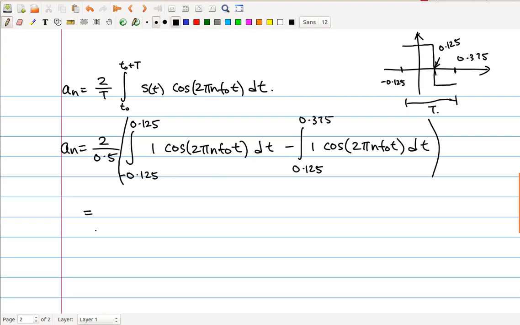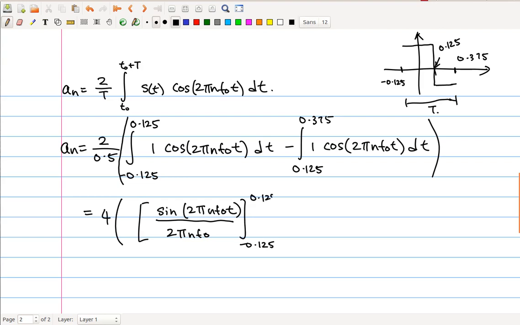So that's 2 divided by half, we give 4, so I'll just evaluate that quickly. Now, integral of the cos, that gives you a sine. So I have here sine 2 pi n f naught t divided by the derivative of the inside. So in this case it will be 2 pi n f naught, okay, between the limits of negative 0.125 and 0.125.